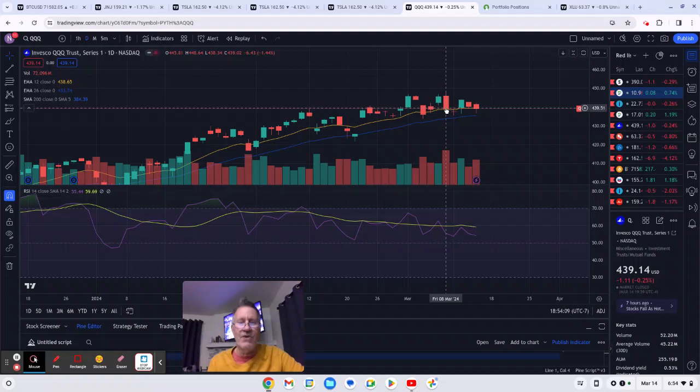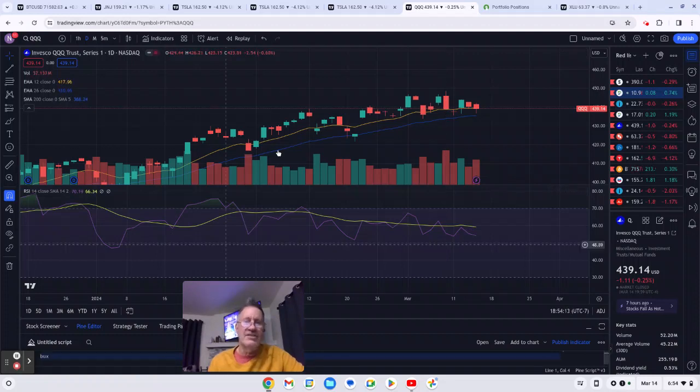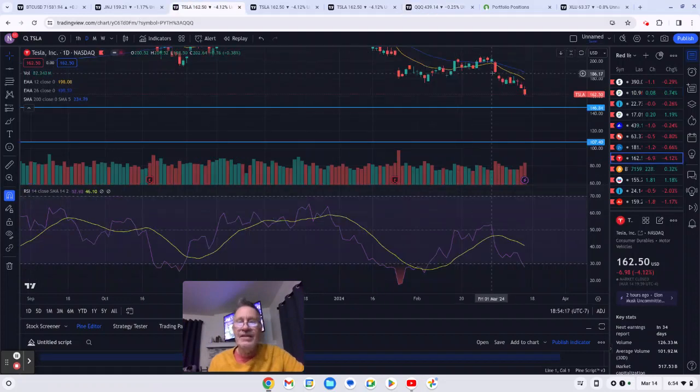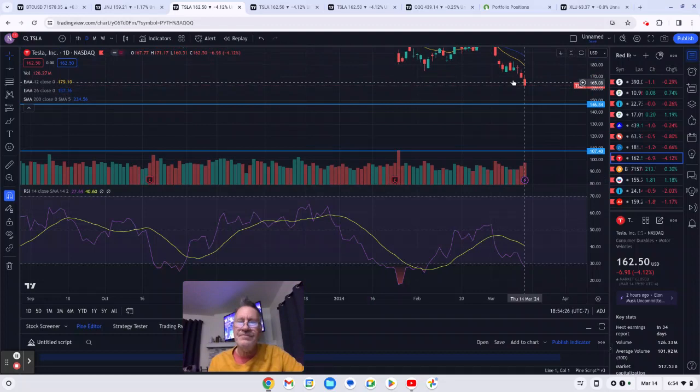That was on Friday, March 8th. And what was Tesla's reaction on March 8th? Here's March 8th, that's this candle. A pretty strong candle, on the same day that the stock market had pulled back.